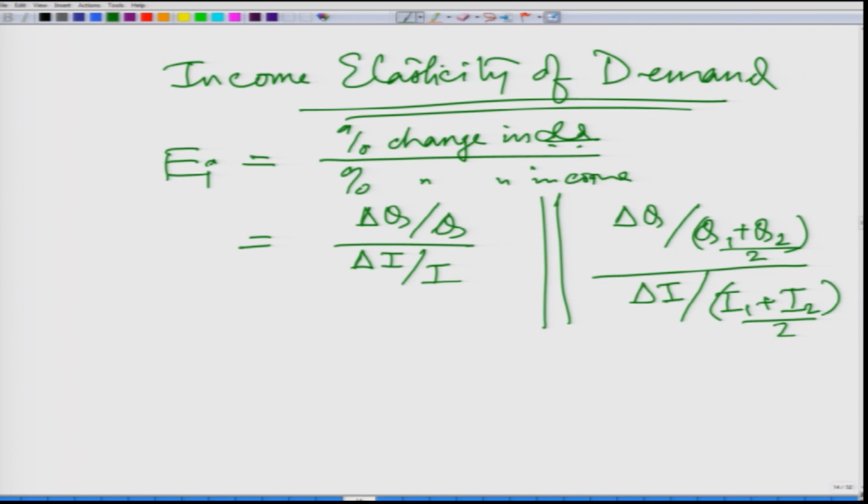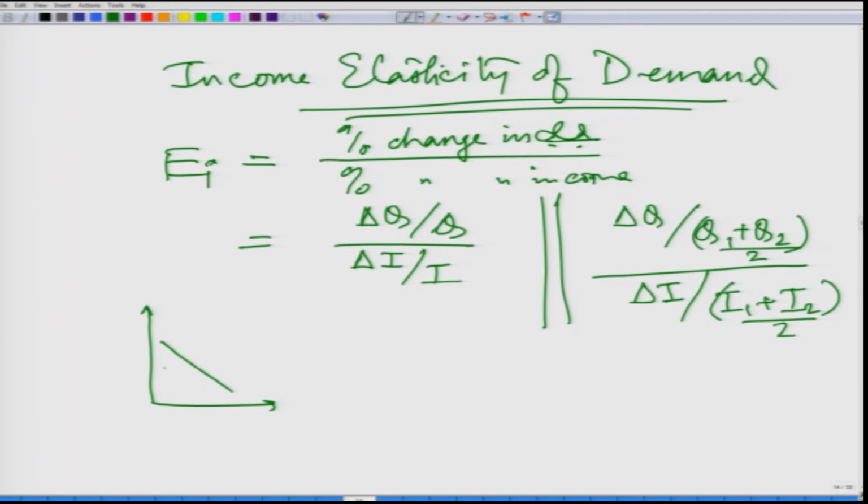What we understand in terms of income elasticity of demand is that it shows a horizontal shift in the demand curve. If this was my demand with the price remaining the same, the demand increases, so there is a horizontal, parallel shift of the demand curve.